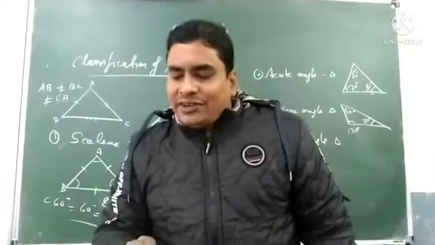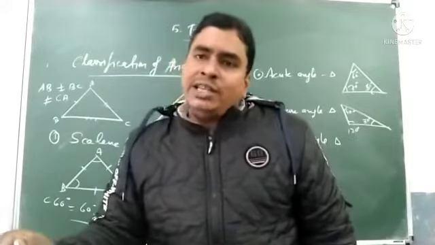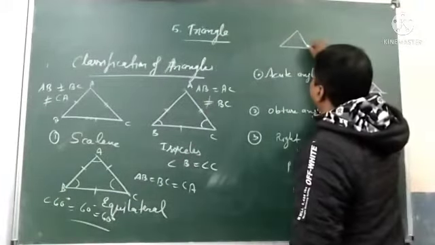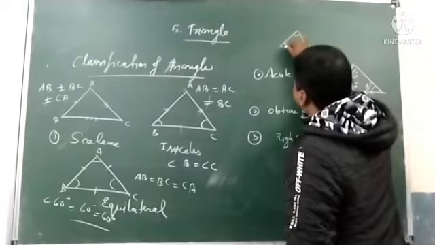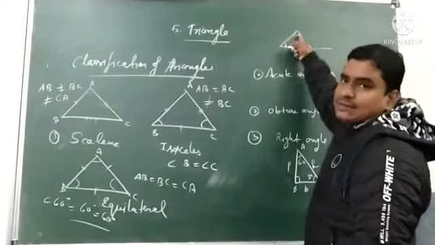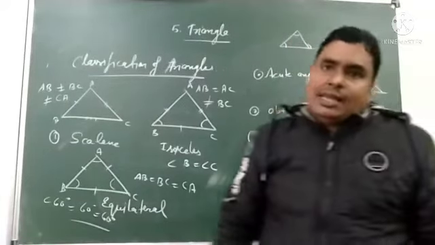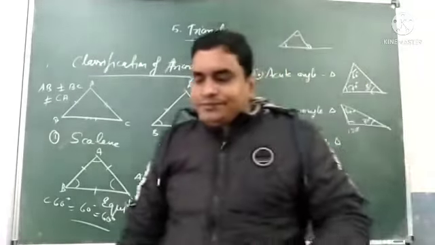Next question. An exterior angle of a triangle is equal to the sum of the 2 opposite interior angles. True. As I told you previously, this angle is equal to the sum of the two opposite angles.